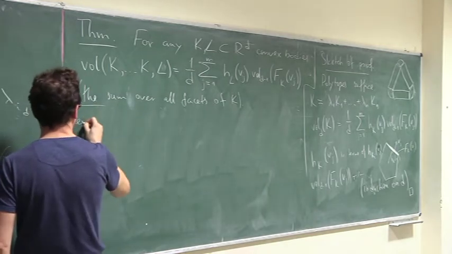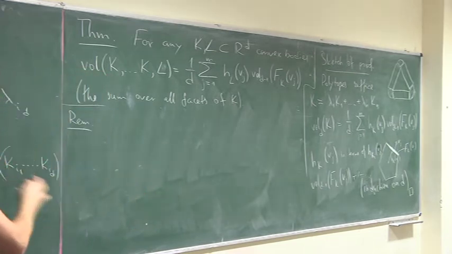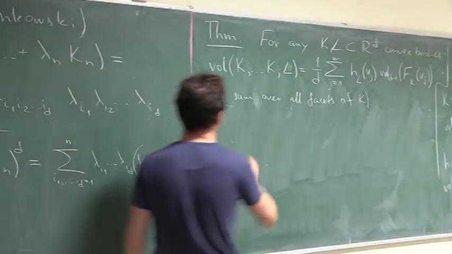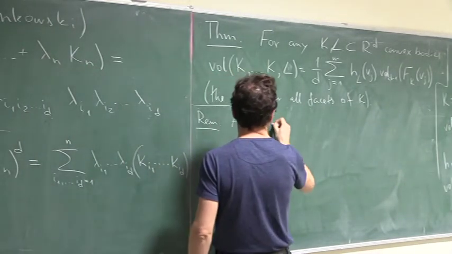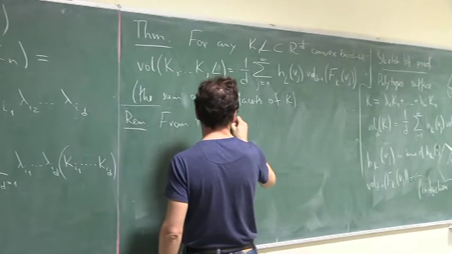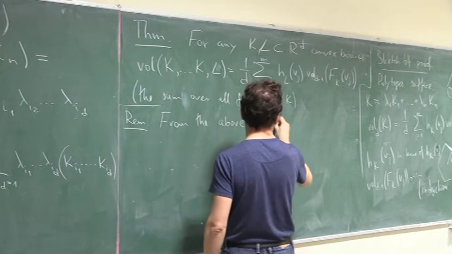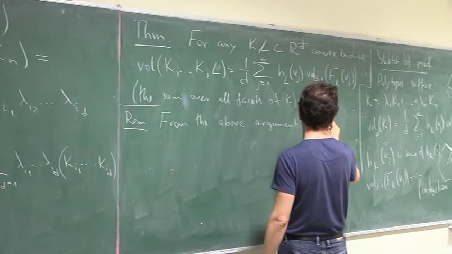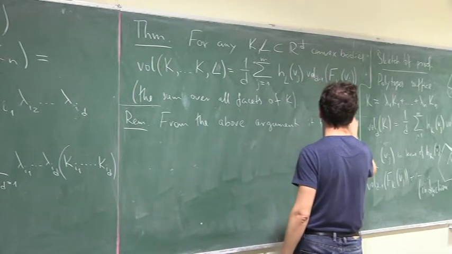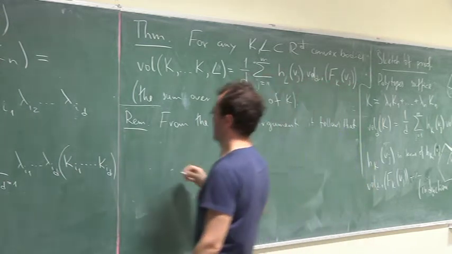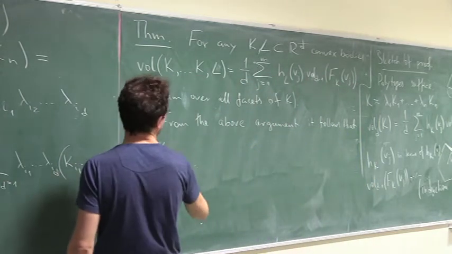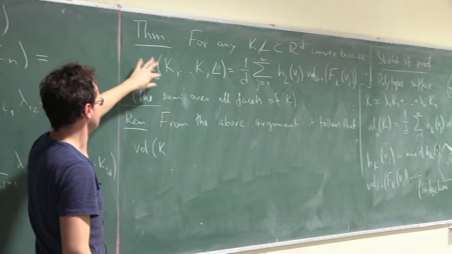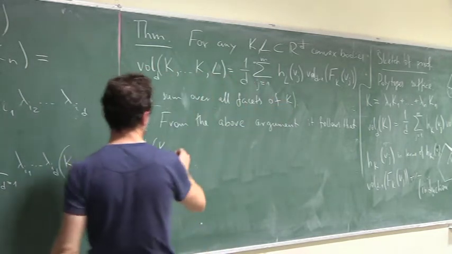So, a remark: what follows from the definition of mixed volumes, if one does that proof carefully, from the above argument, which remains not complete, is that this mixed volume, and here it is useful to put an index in the volume, because this volume and that volume are two different volumes.